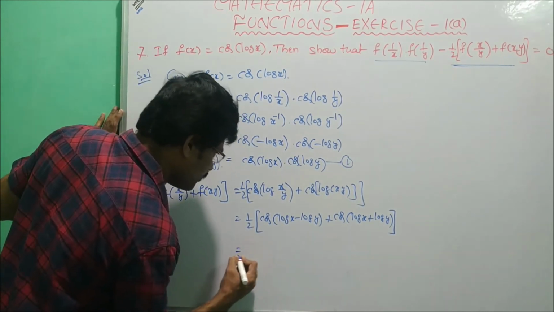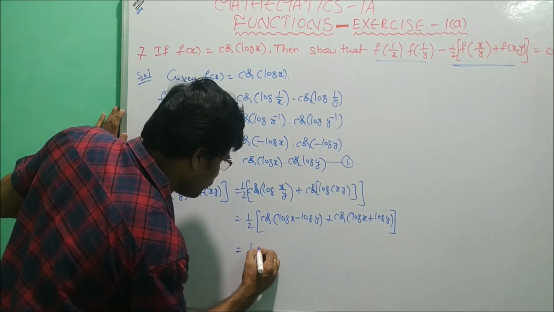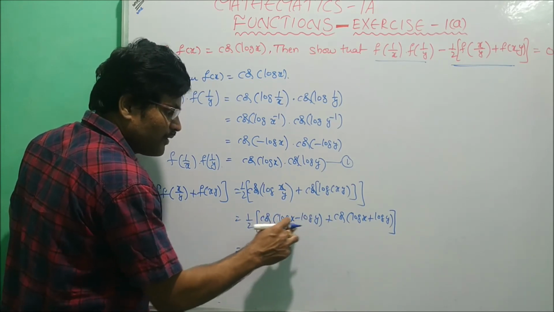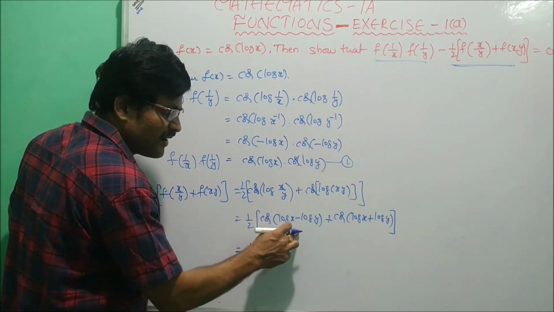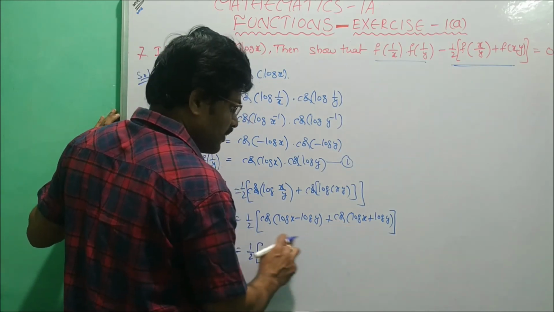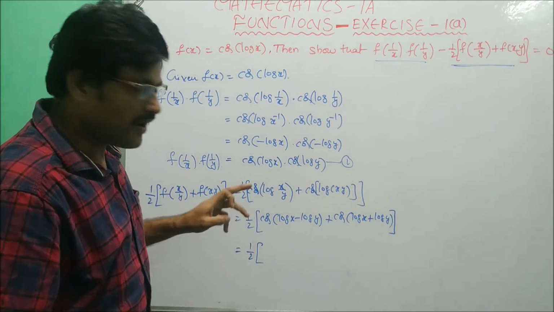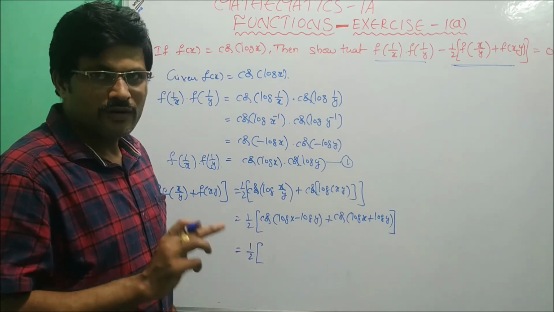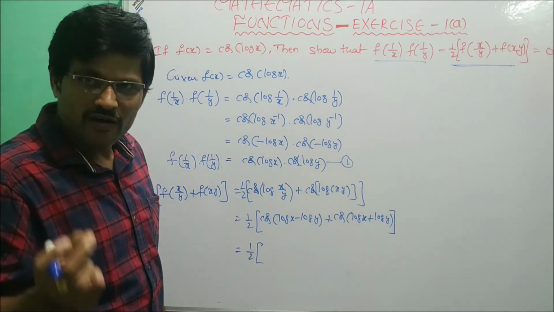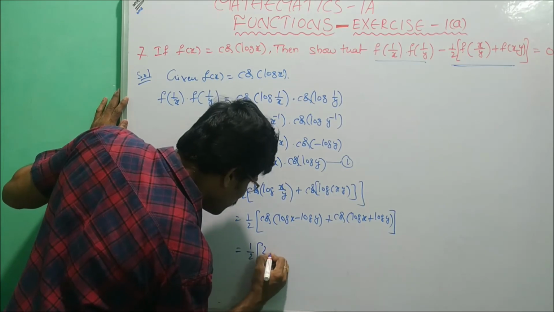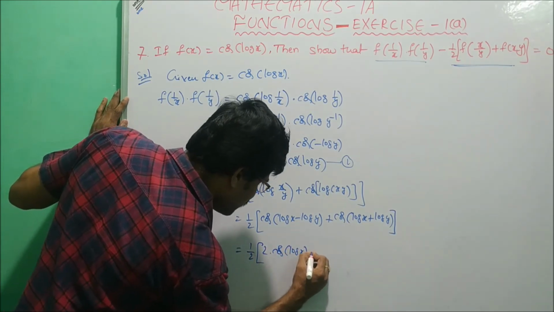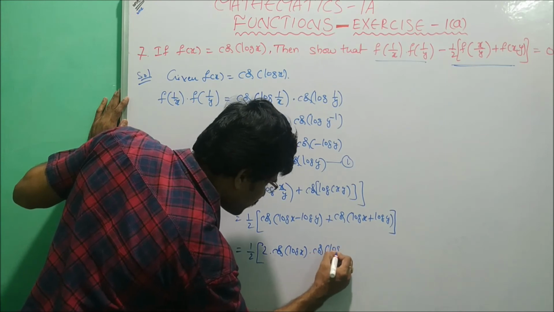That equals, here we observe log x is a, log y is b. Now which is the form of cos(a minus b) plus cos(a plus b). So using the trigonometric formula, cos(a minus b) plus cos(a plus b) equals 2 cos a cos b. So 2 into cos of log x into cos of log y.